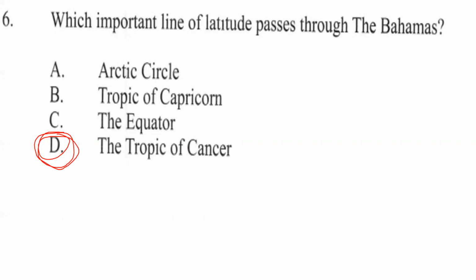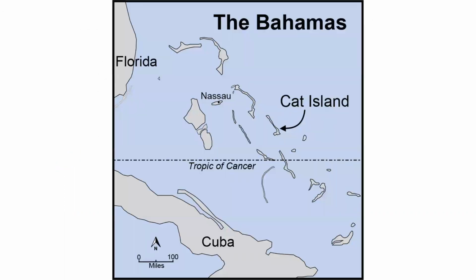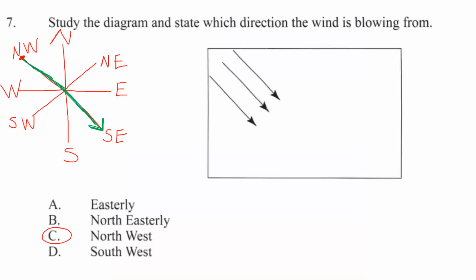The correct answer is D, the Tropic of Cancer. Very good. The Tropic of Cancer is a line of latitude that runs left to right, and it passes through the Bahamas. As you can see, this is the Tropic of Cancer, and it passes through the Bahamas.